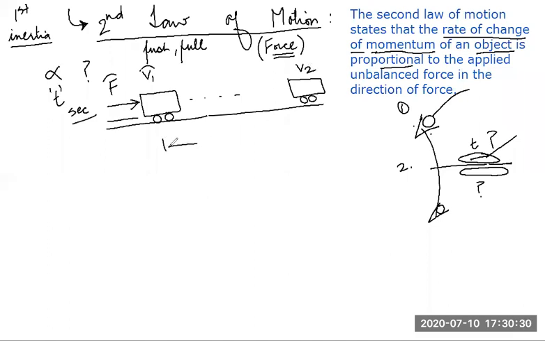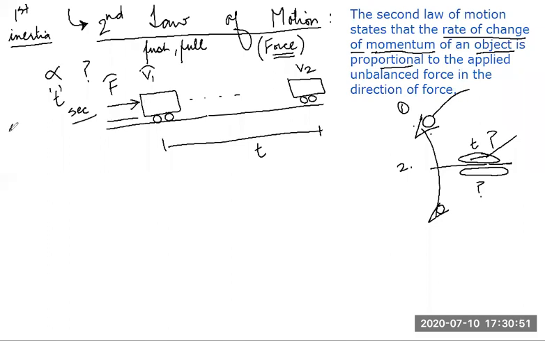This all has happened in time t. Fine. The second thing is, whenever you apply force, you cannot be a magician and say, all right, I apply force and this thing starts moving with more velocity. You have to touch it.